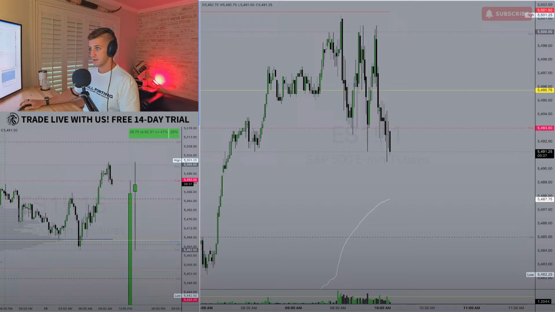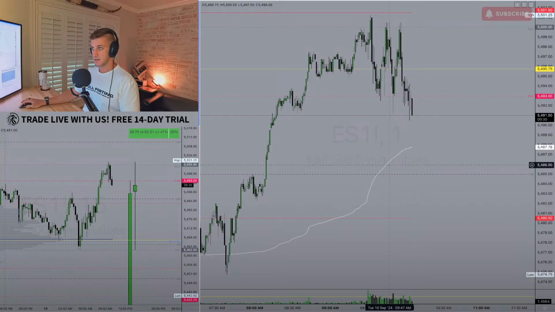So ES failing to hold that prior day high. VWAP as a reference point is there, but I'd be more interested in looking at the 5485.